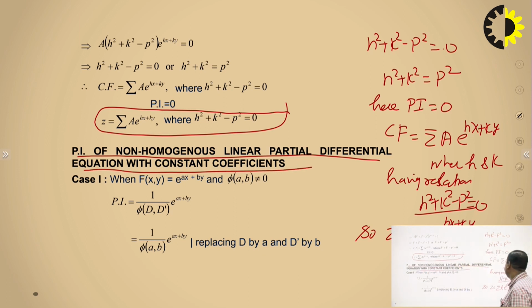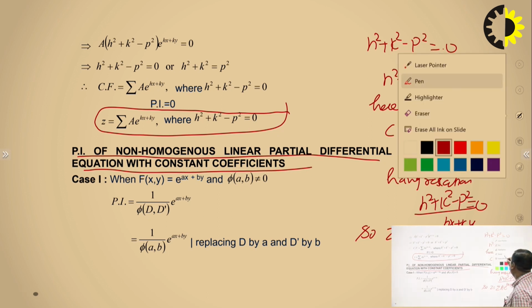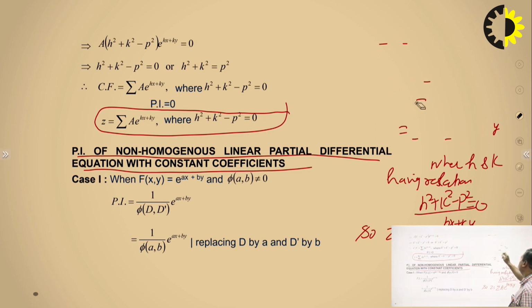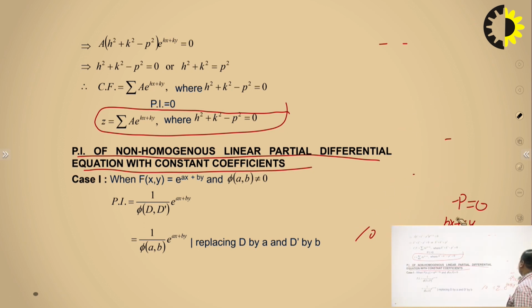There are several cases, in which the first case is PI of e to the power ax plus by.